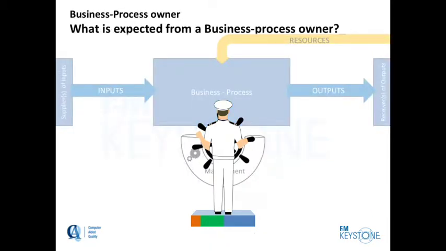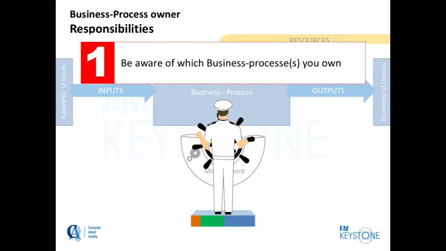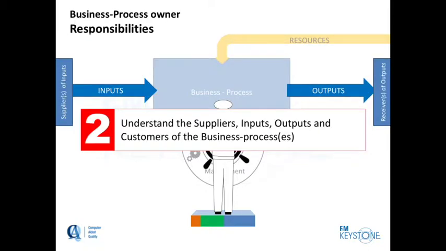What is expected from a business process owner? Number 1, be aware of which business process you own. If you are a middle manager, a location manager, or function manager, it is highly likely that you are a business process owner. 2, understand the suppliers, inputs, outputs, and customers of the business processes.